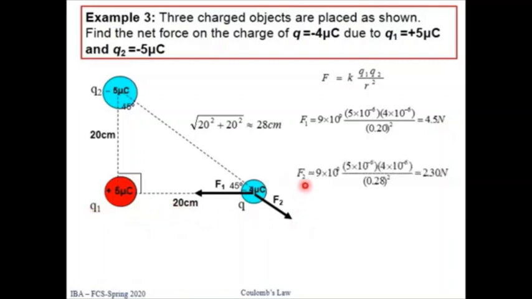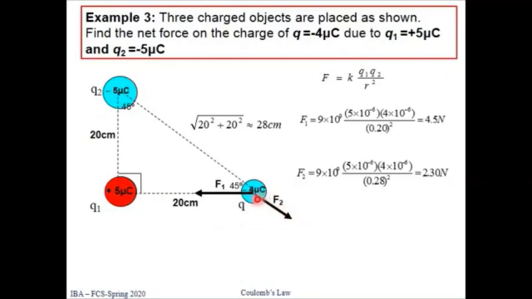And the force between Q2 and Q can be written as 2.3 Newton by just incorporating all of these numbers. But keep in mind that this vector is neither parallel to the x-axis nor parallel to the y-axis.